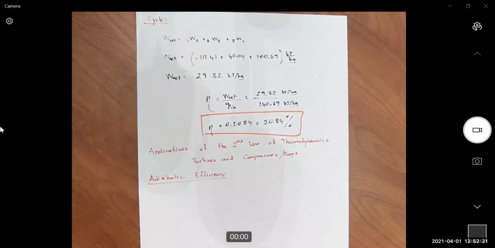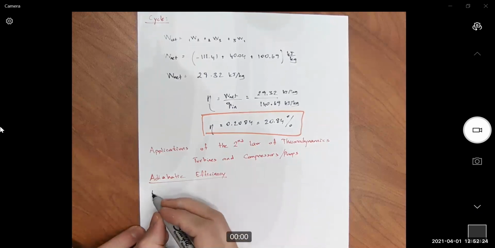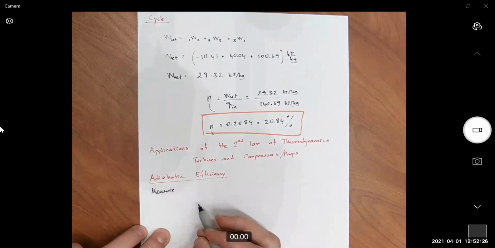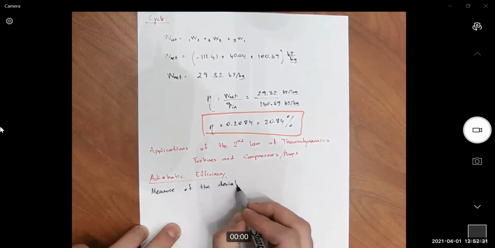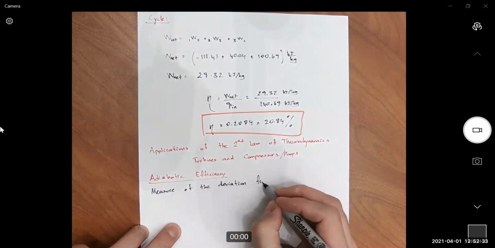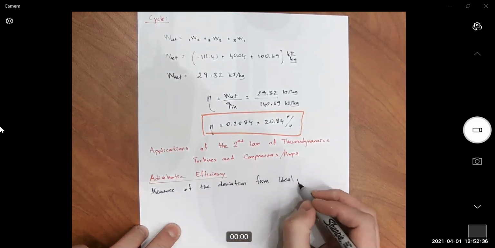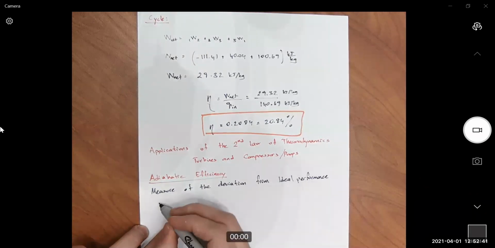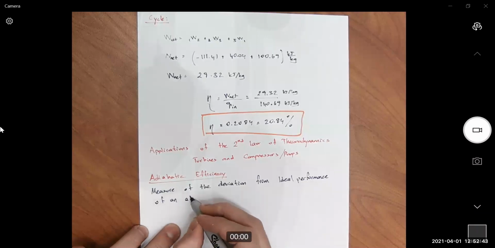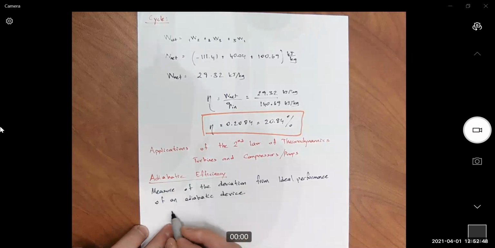Adiabatic efficiency is a measure of the deviation from ideal performance of an adiabatic device. And today we are going to look at a turbine, compressor, or pump.